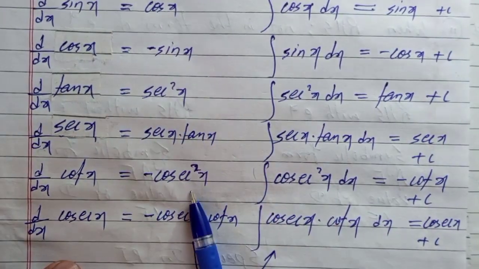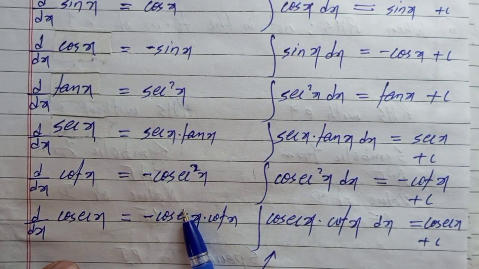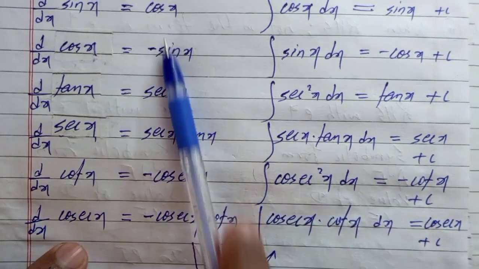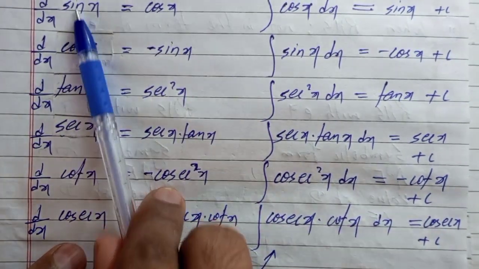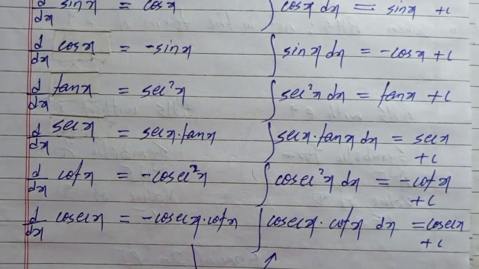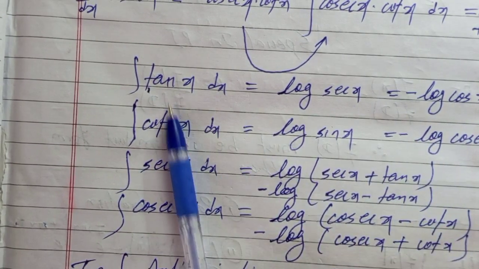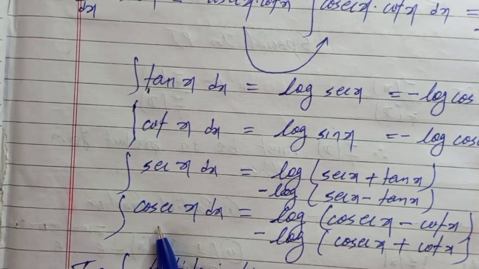Means whatever derivative values we got, if we integrate them, we are going to get the antiderivative values. Means if we integrate this side, we are going to get the value of this side. But what happens if this occurs? Means tan, cot, sec, cosec.